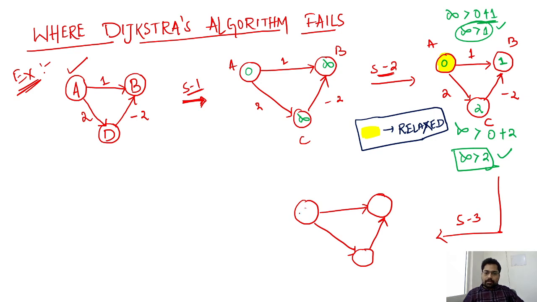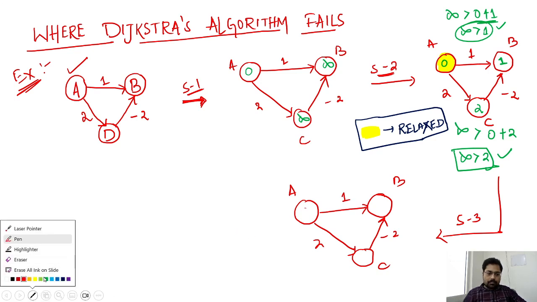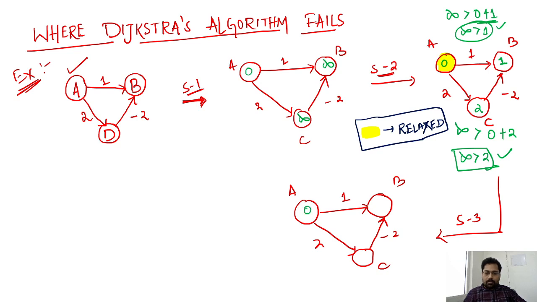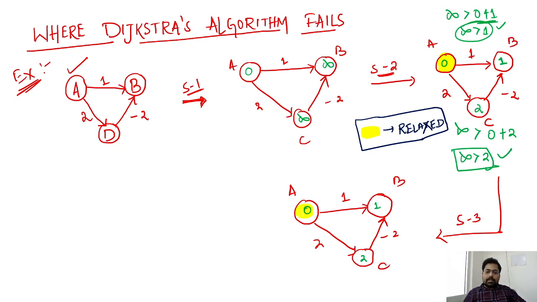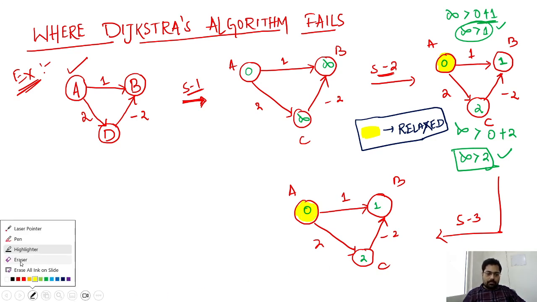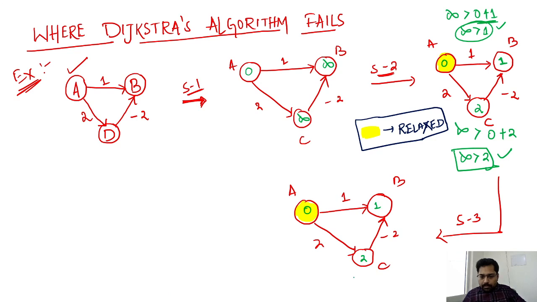Here I should write the values for A, B, C: 0, 1, 2, with weights 2, minus 2 and 1. Now out of these 2, we have this and this option to get the relaxation.